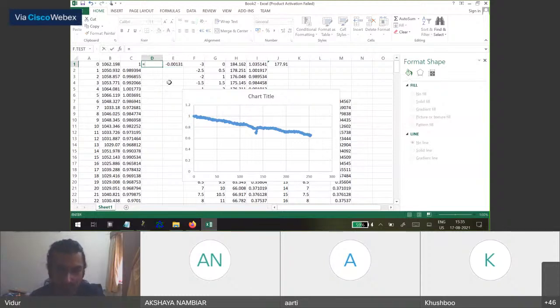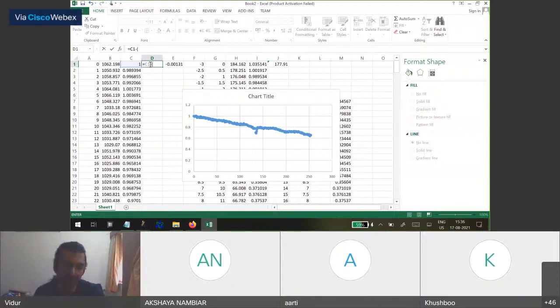We're going to put equal to this intensity value minus, and why we put minus is because this slope value is negative, and this slope value is something we have to subtract. So in short, we have to add a positive integer to this value to bring it up to 1. That's why we put a subtraction sign.